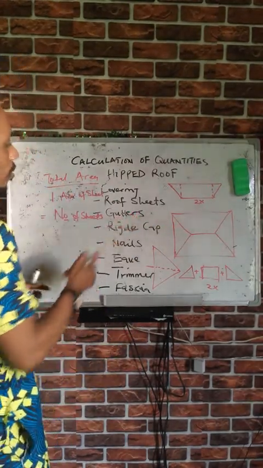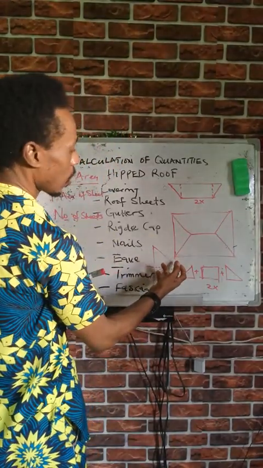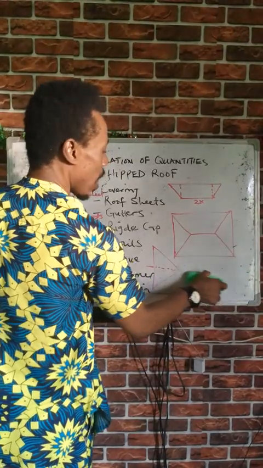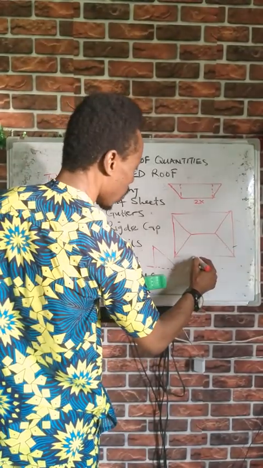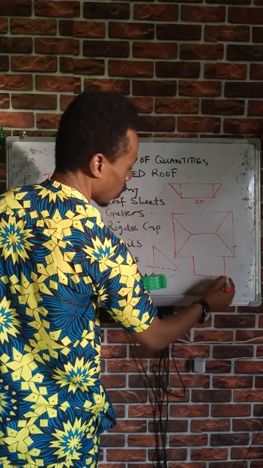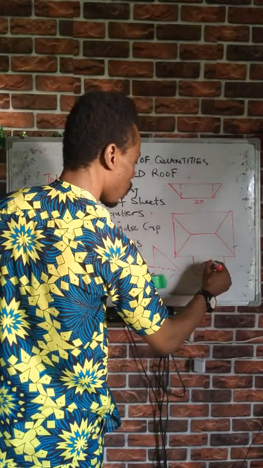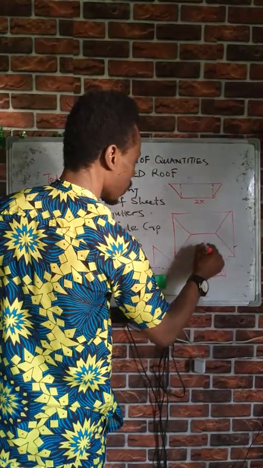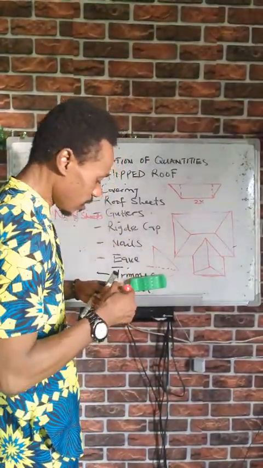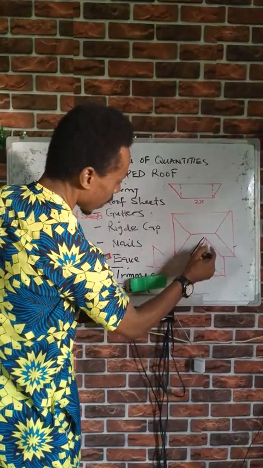Then for your gutters, in this case there is no provision for gutter, except where you have a shootout or a porch, like this, where you have it in this form. So this here becomes the gutter.